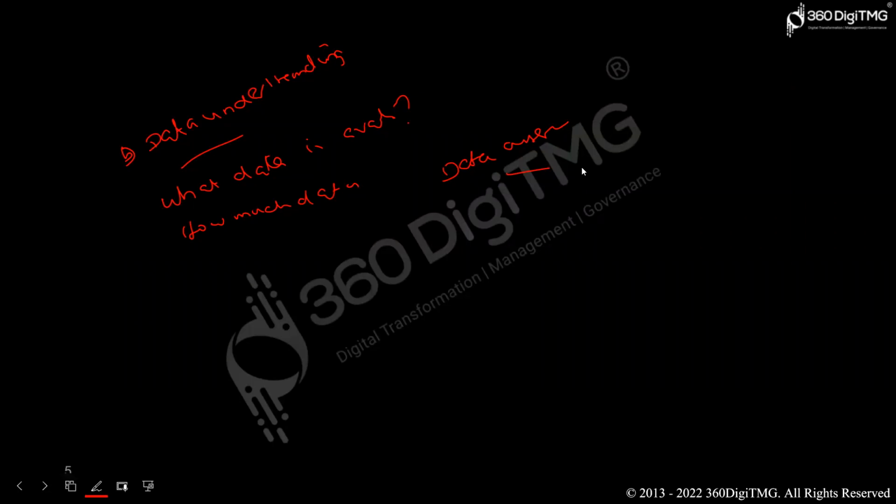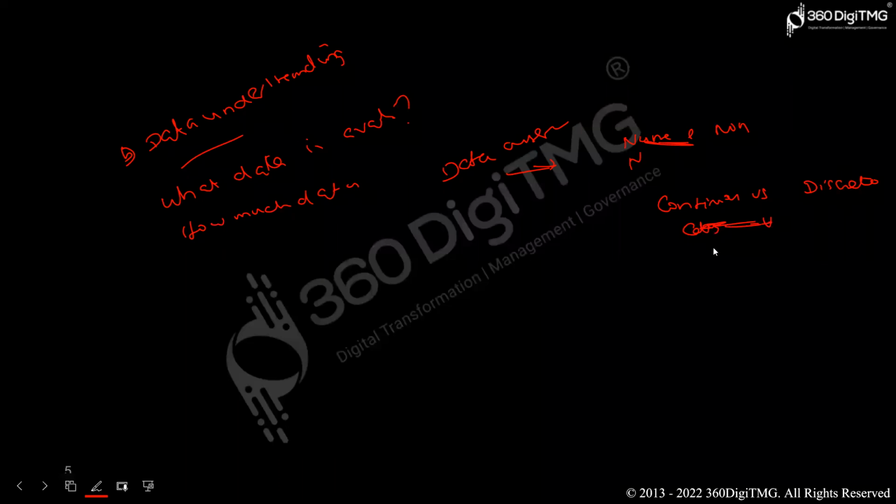When it comes to data types, we have different kinds of data types. What data do we have? We have numerical and non-numerical, that is, continuous data versus discrete data. Then categorical data.